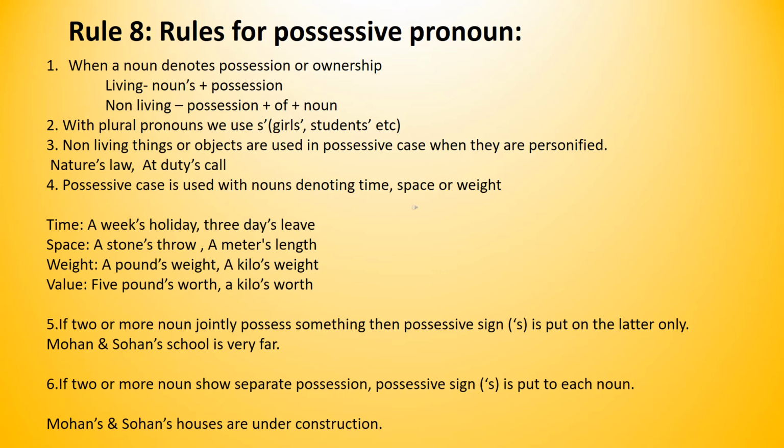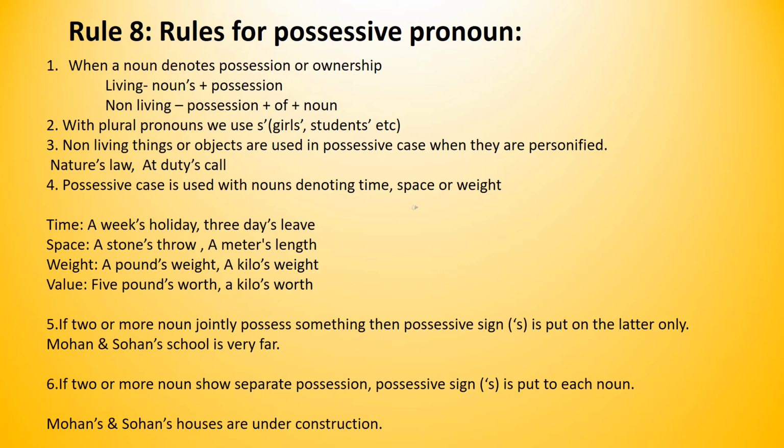Ram is a noun and we have used apostrophe s and then pen, because Ram is a living thing. But if we have to show the possession of a non-living thing, for example, watch, hand, we will not say watch's hand, we will say the hand of the watch. The same way, we will not say table's leg. This is wrong. The correct one is leg of the table. Here, for showing the possession, we have used the nouns, not the pronouns.